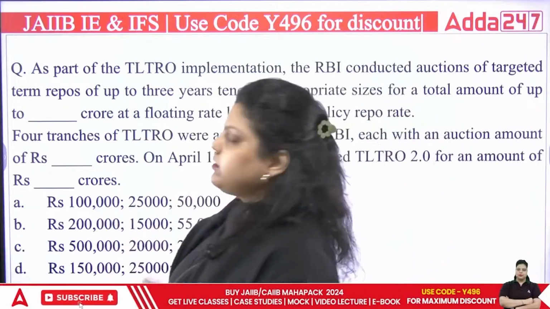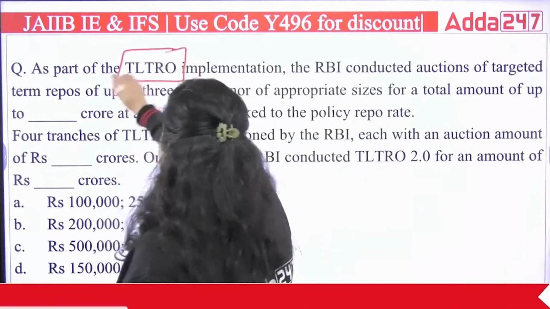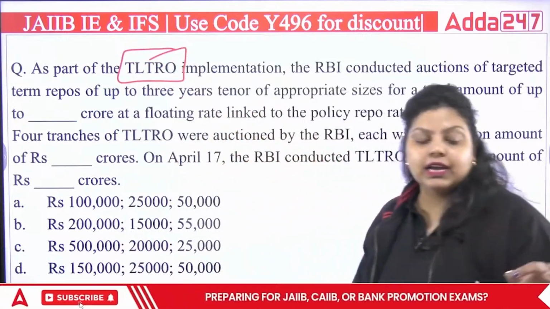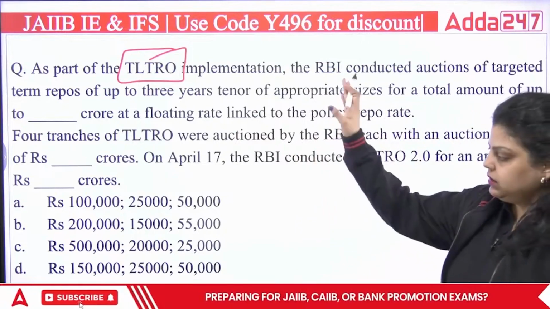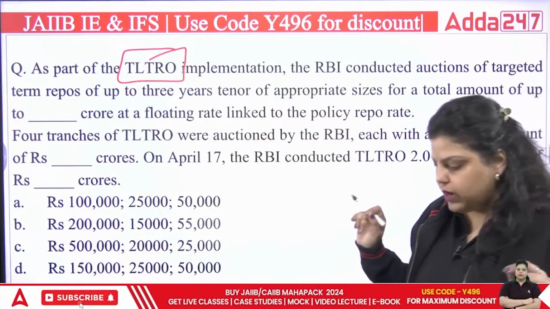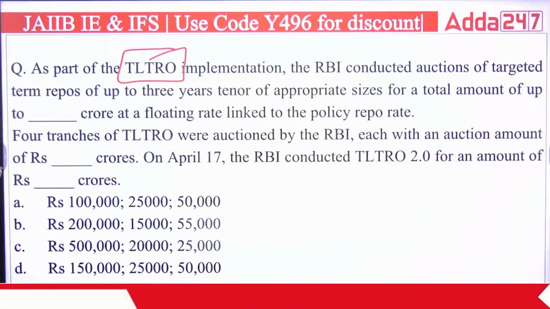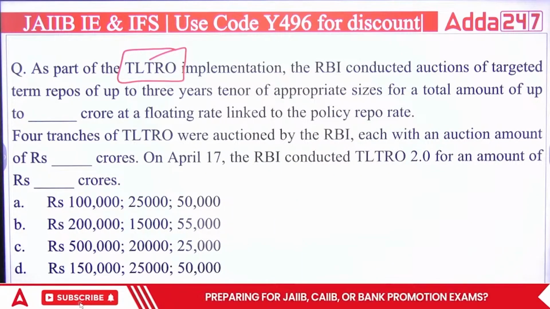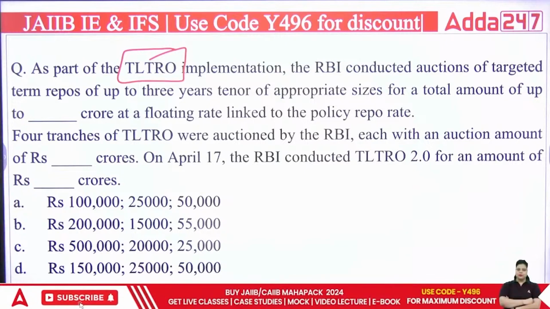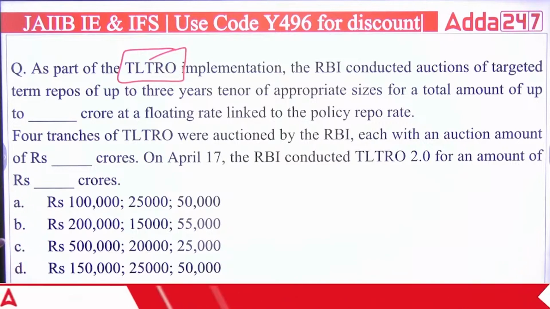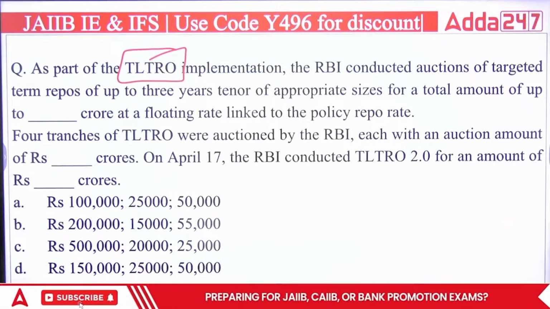Now the next question, next instrument, that is TLTRO. TLTRO stands for Targeted Long-Term Repo Operation. This question is totally a database question, you have to remember. So first is saying as part of TLTRO implementation, the RBI conducted auction of targeted term repo of up to 3 years tenure of appropriate size for a total amount of up to dash crores at a floating rate.